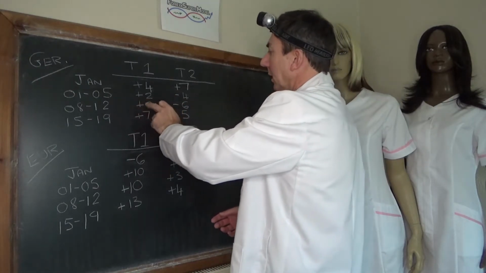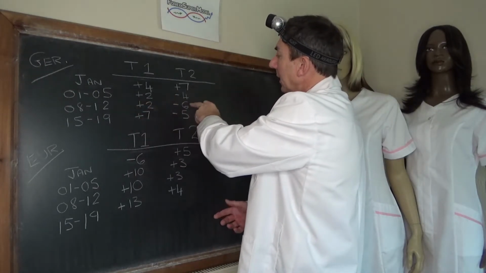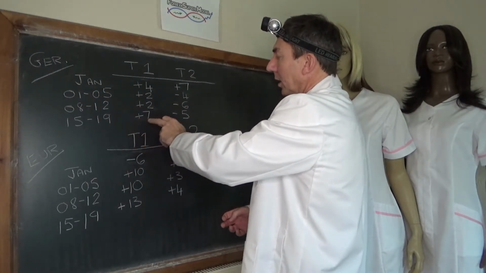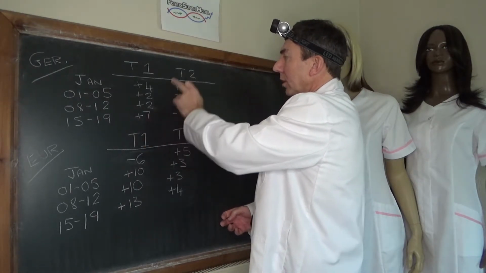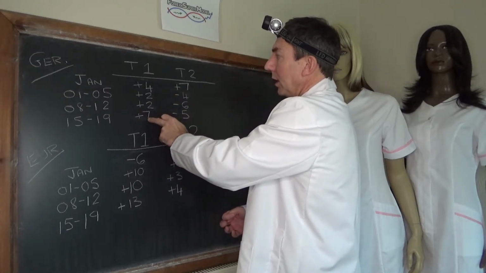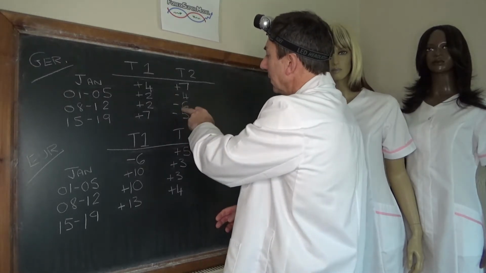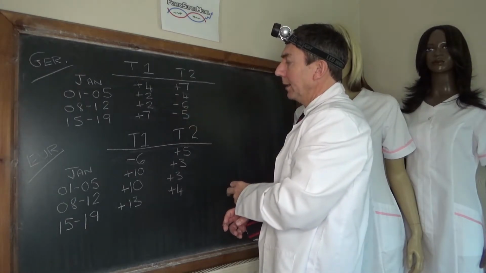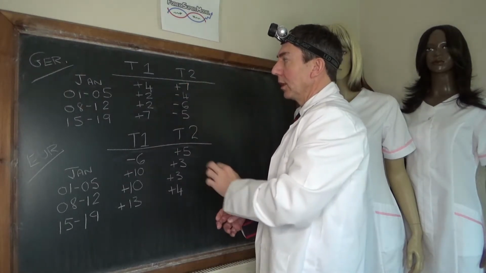And second week, tier 1 steady, a deterioration in tier 2, -6. And the last week we've had +7, so significant improvement in tier 1 data for Germany, and a slight improvement in tier 2.